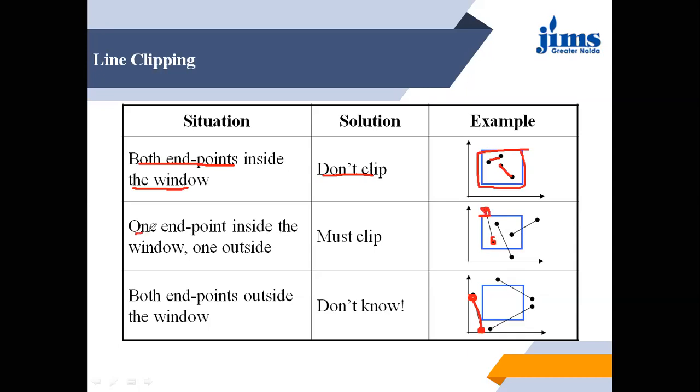So when one endpoint is inside and the second is outside, we must clip. But when both endpoints are outside, it's not certain whether we have to clip or not.